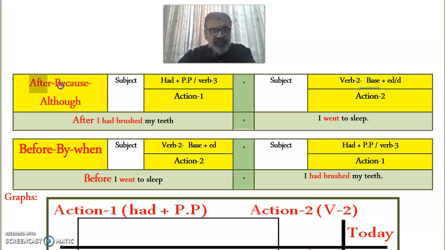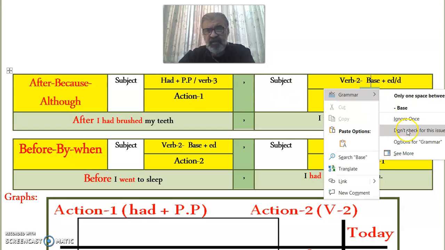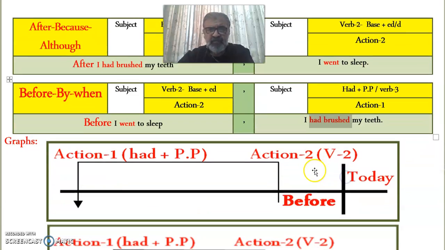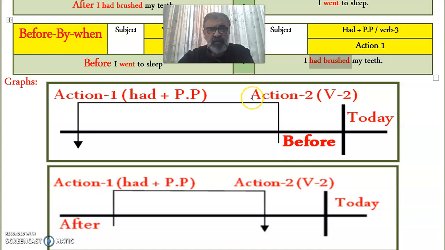Because after and although are followed by action 1, past perfect, and then action 2, past simple, as easy as that. So after I had brushed my teeth, I went to sleep. That's action 1, and this is action 2. Before, when, and by are all followed by action 2 and then action 1. So before I went to sleep, I had brushed my teeth. As easy as that.